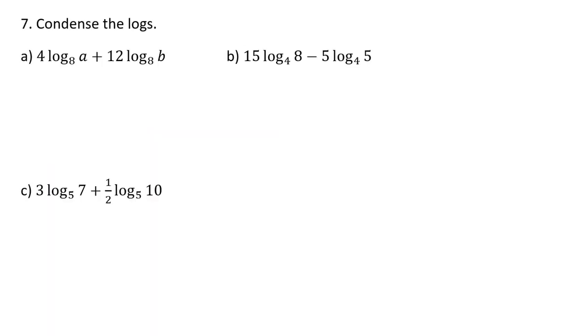Right? Condensing logs. So this is using our properties of logs. So when you're condensing logs, usually the way it works is that you're probably going to start off with the power property. And that's the power property is when you're taking the numbers that you notice that are in front of your logs, which is like the 4 and the 12 here, and you move them into the exponent position.